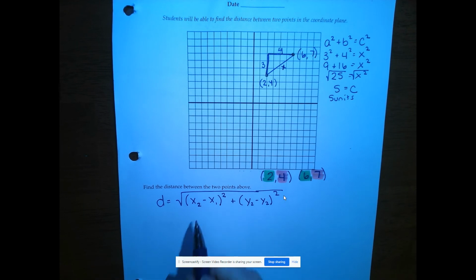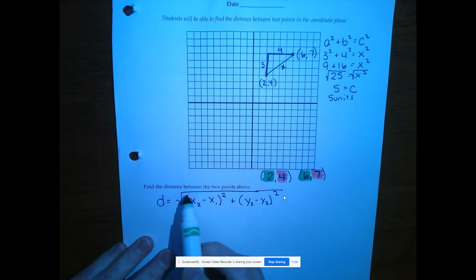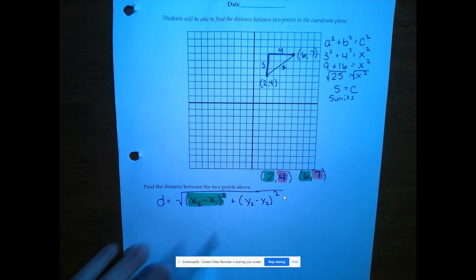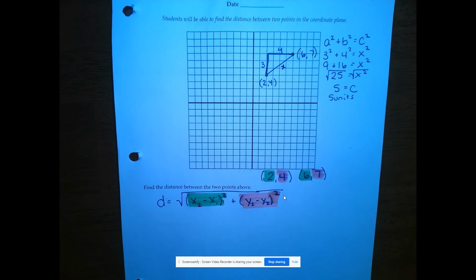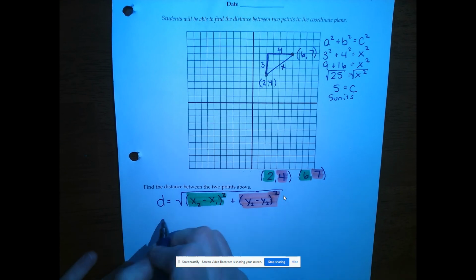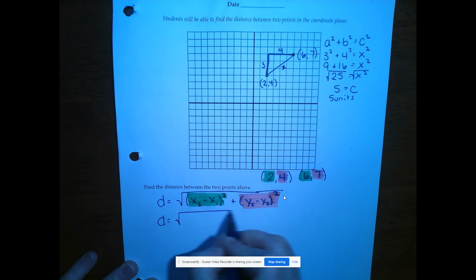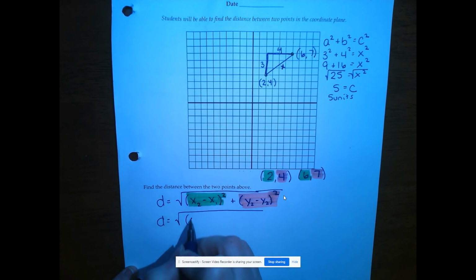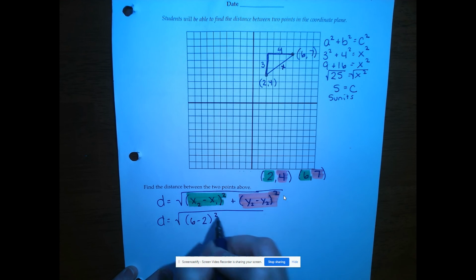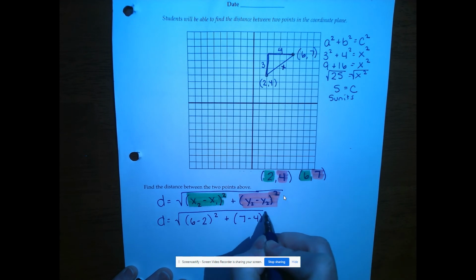What we've got to do here is notice that the x coordinates are going to be part of the first section and the y coordinates are going to be part of the second. So you can always refer back to the color-coded one here if you need to. So the distance formula equals square root. So if I subtract the x coordinates, the second one minus the first one, that would be 6 minus 2 squared plus the y coordinates, the second one minus the first one squared.